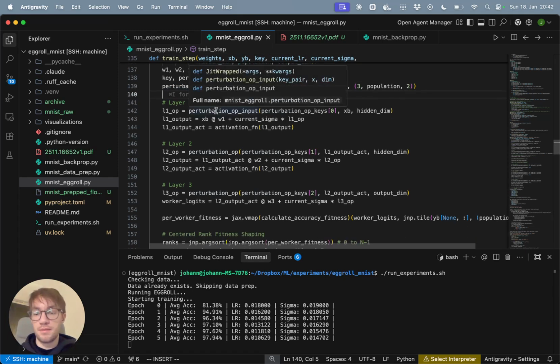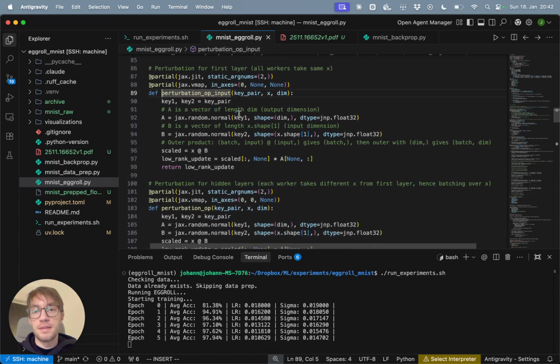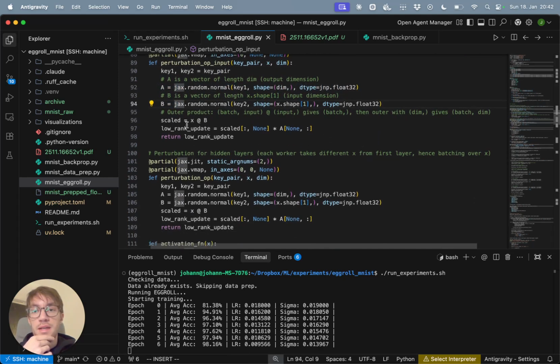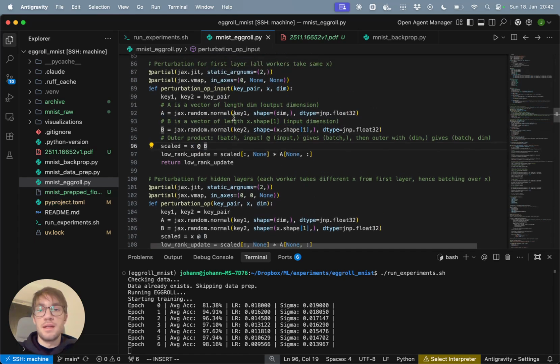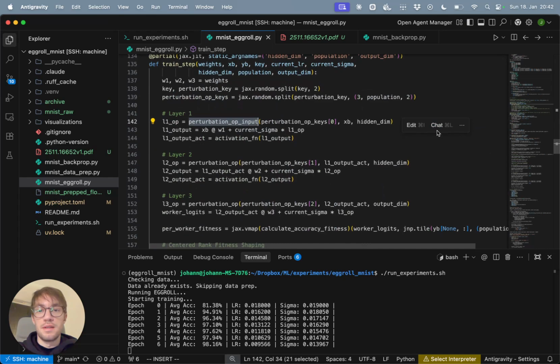So I have these functions where I pass in the keys for the noise generation, and the X, and then I create the noise vectors, do the vector-vector product, and then scale A by this. That's pretty simple.